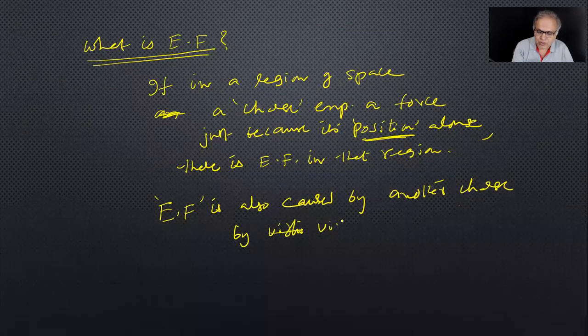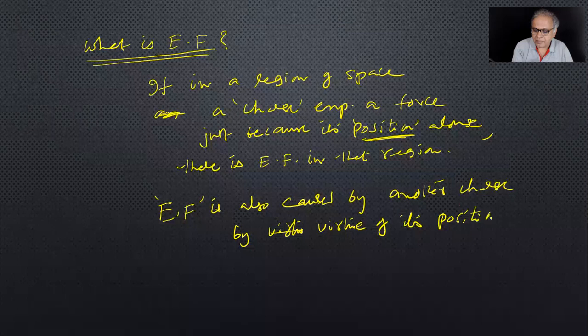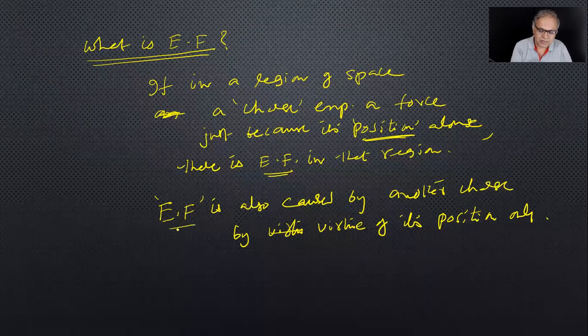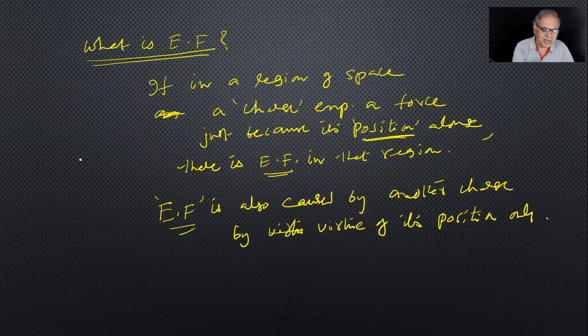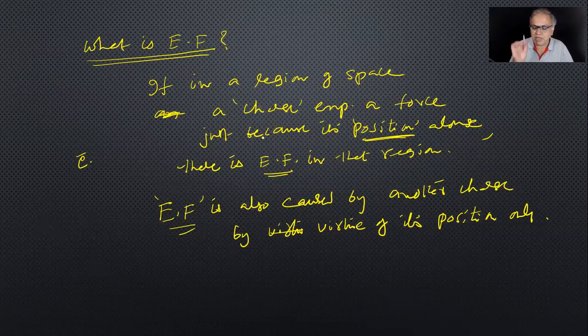So this is about the electric field and the cause of the electric field. The fact that an electron is there in space means it has an electric field around it. Whether it moves or not is not an issue. Even if it moves, there is electric field. Even if it is stationary, there is electric field. That's what I mean by virtue of its position alone.